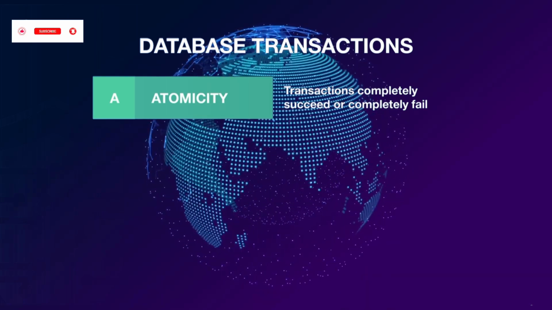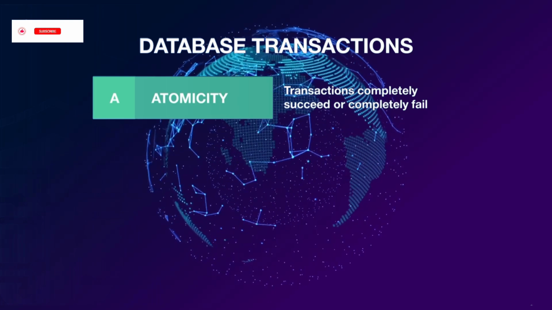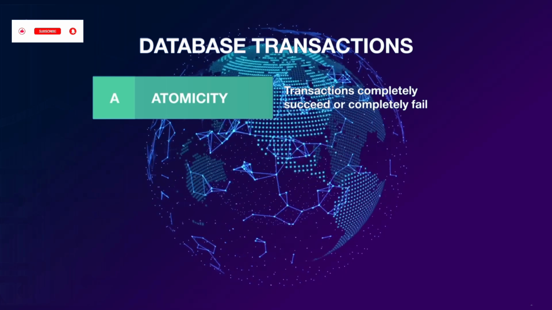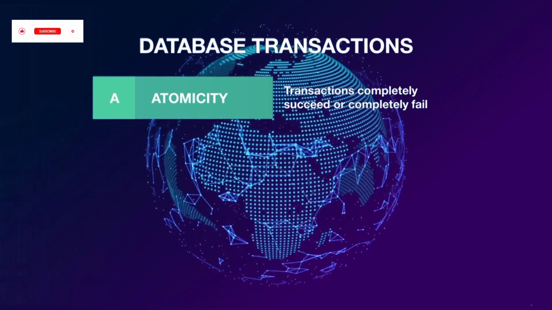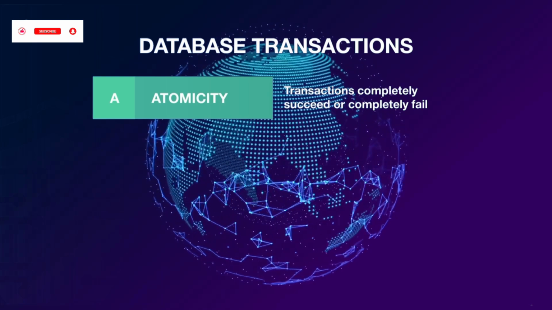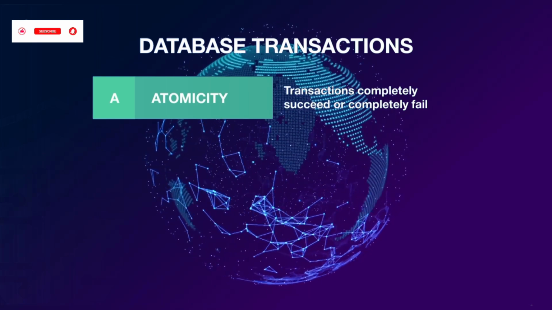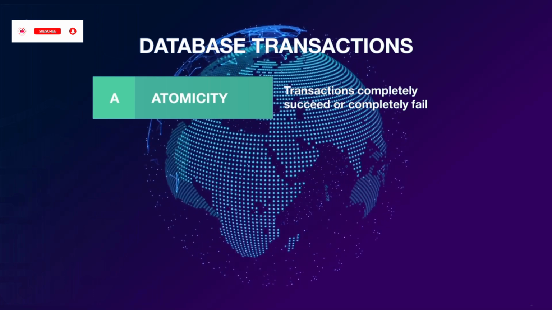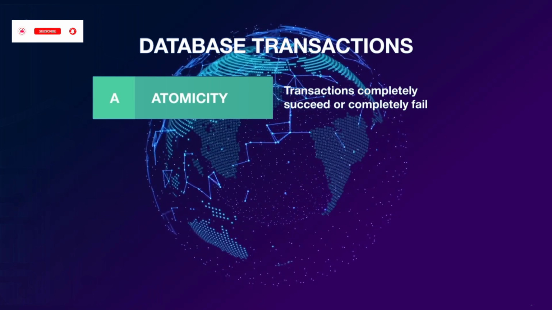It means atomic, so the database will not change during the transaction. It will fail unless it absolutely succeeds. So if it is 100% successful, the database will make the change. If it is not 100% successful, the database will remain in the same state it was. And this ensures data integrity, and it also prevents something called dirty reads.